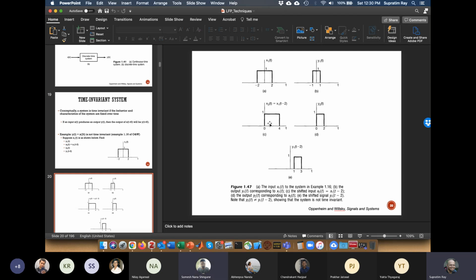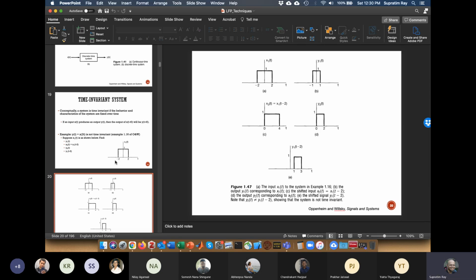Correct? Let me know if I need to repeat anything. So this is y2 of t, which is the squished version of x2 of t, but the shifted version of y1 of t, which is y1 of t minus 2, is this, and these two are different.